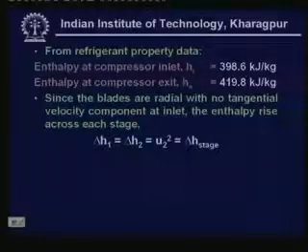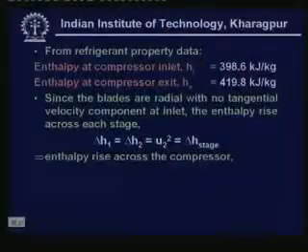That means the tip speed for both the stages is the same. Once the tip speed is the same, we have seen from our equations that the work of compression for each stage remains the same. That means delta H1, the enthalpy rise across impeller 1, is the same as the enthalpy rise across impeller 2, because both of them are equal to U2 square, where U2 is the tip speed.